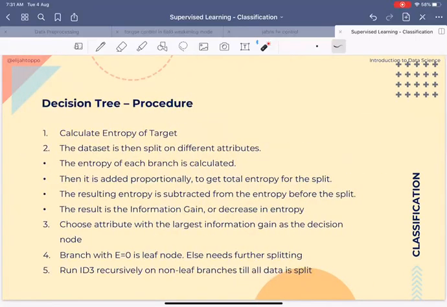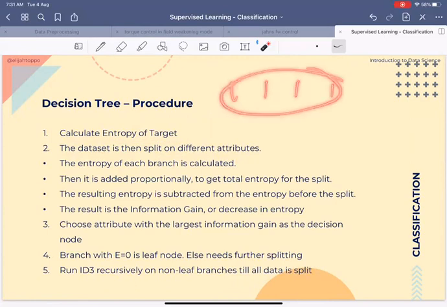Again, when we look at an example, this information gain will become a bit more clear. Now we have all the basic steps that will help us to build the decision tree. These are the several steps that we will take. The first step is we calculate the entropy of the target. Next, the data set is split on different attributes. For the target, there are different features. In our case, the features are outlook, windy, humidity, temperature.